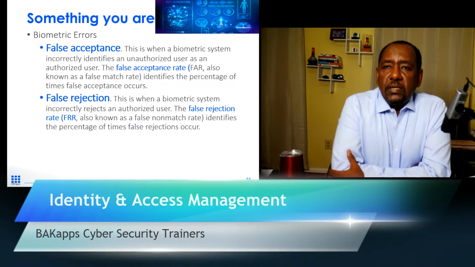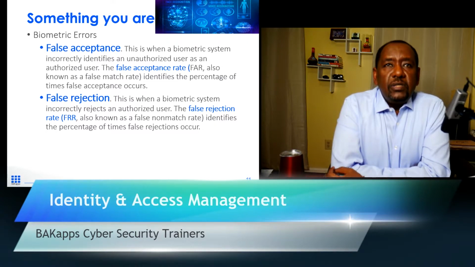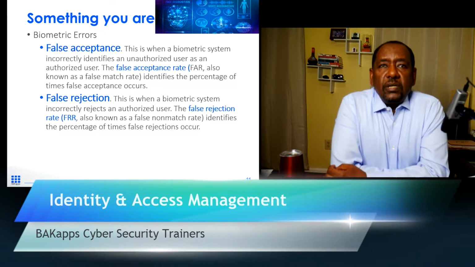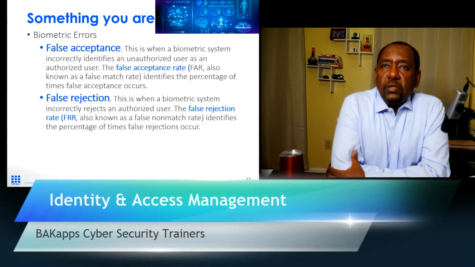One of them is what they call a false acceptance. Sometimes it allows someone that should be prohibited. This is when the system incorrectly identifies an unauthorized user as the authorized user. Then we call it the false acceptance rate. There is a measurement.